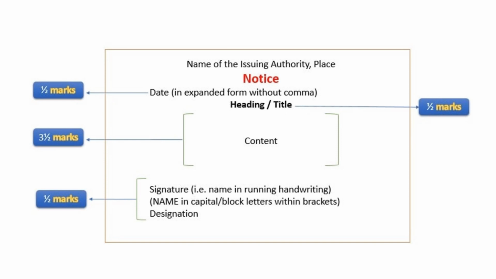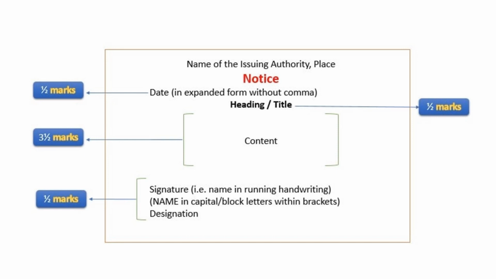What is the marking scheme of writing the notice? Let's see how to start writing the notice. First of all, you are requested to make a box. After making the box, write the name of the organization. It should always be written at the top.